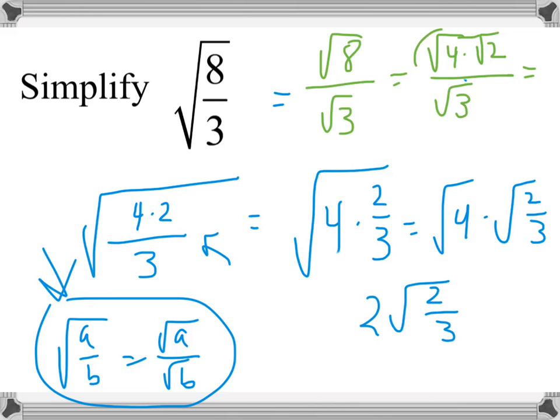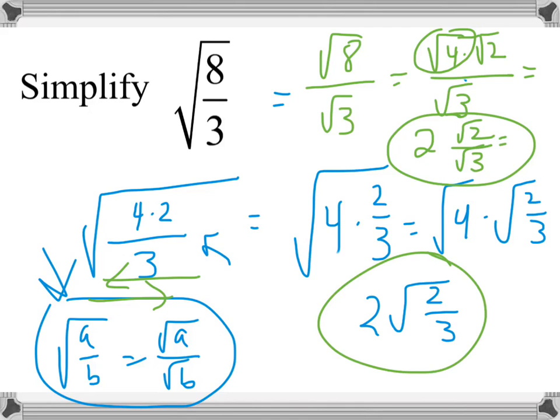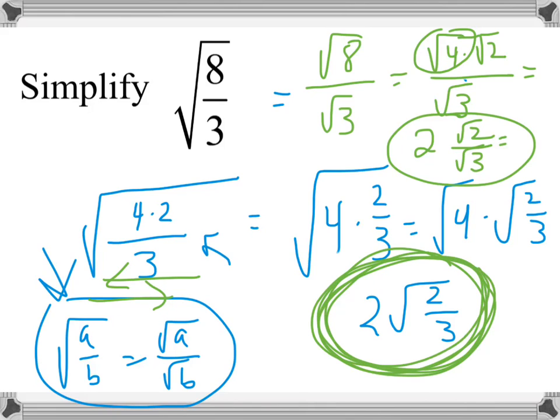And then this would become 2 times the square root of 2 over the square root of 3. But just like I can go in this direction, I can also go backwards. So if I have a numerator and denominator each under a square root, I can put them together. So this would arrive back in this location. Okay, and this second one is more simplified because there are fewer radicals in this one.